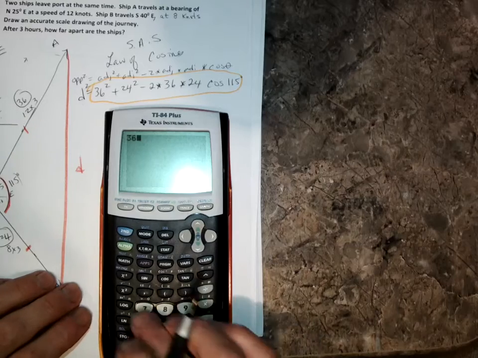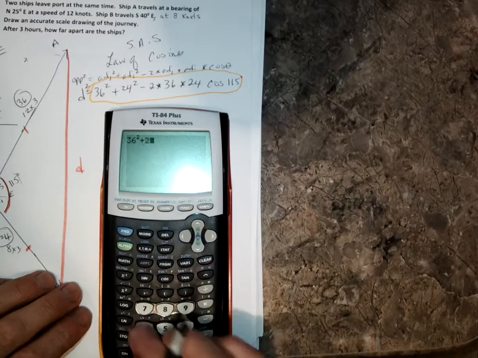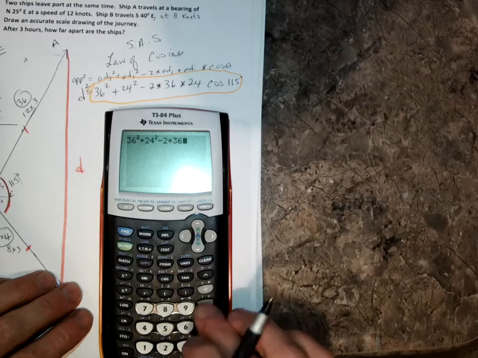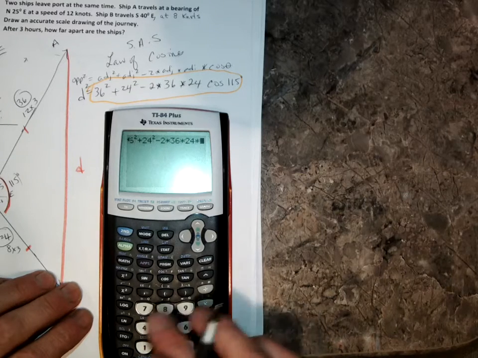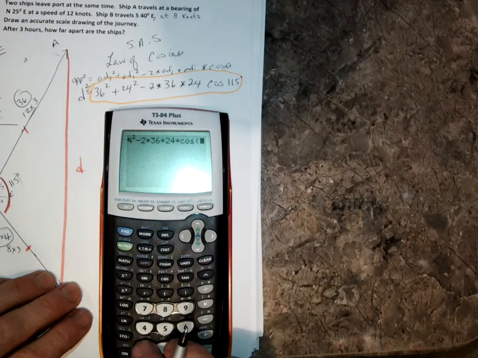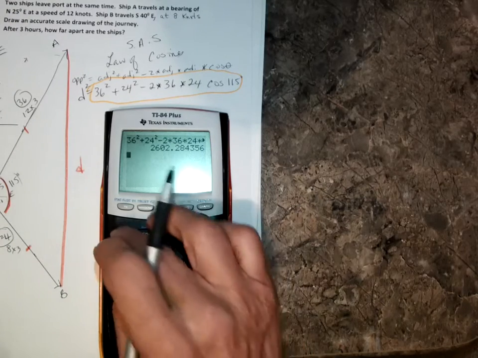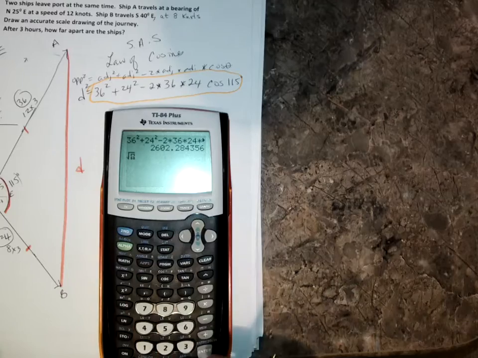We'll go 36 squared plus 24 squared minus 2 times 36 times 24 times the cosine 115 degrees, and I get an answer of 2,602, which is way too long. But what we have to do is take the square root of that, right? We're going to take the square root of that answer, and there we go.